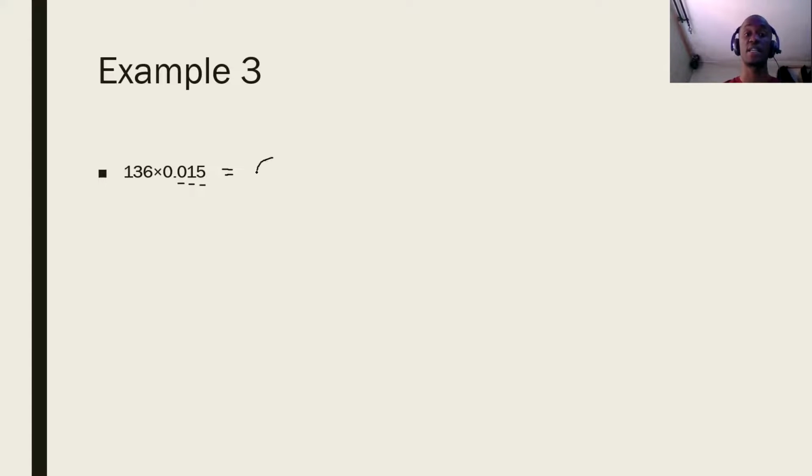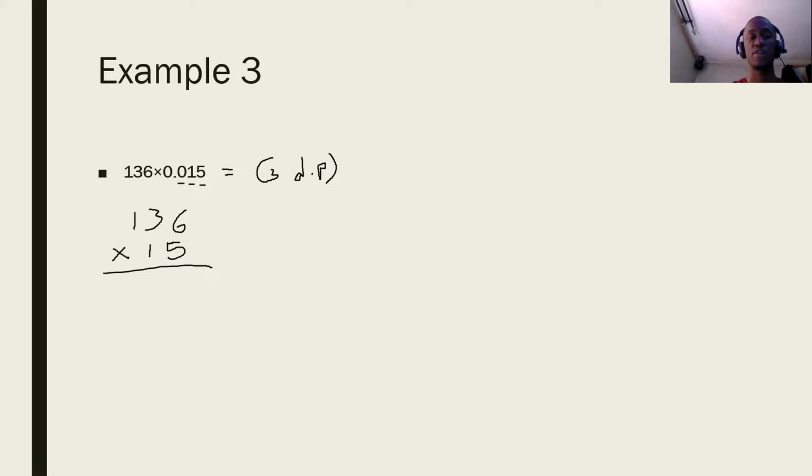So in brackets, make sure that you include that so that you don't forget that after you are done with your multiplication you are going to bring back 3 decimal points. So after that, we go on with our long multiplication, which is 136 times 15.